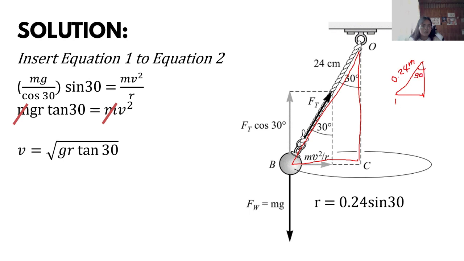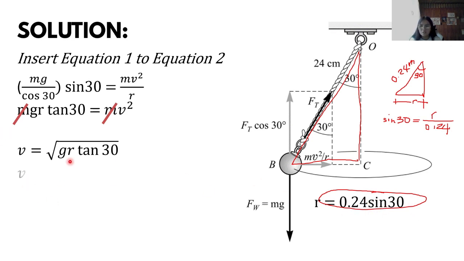And then, ito yung radius natin. So, naging ganyan kasi sine 30, opposite is r over the hypotenuse, 0.24. So, cross multiply, we have ito. Okay? Radius is equal to 0.24 sine 30.